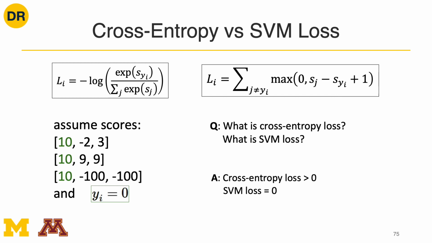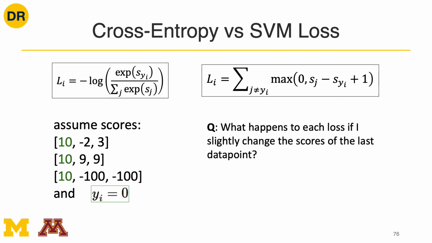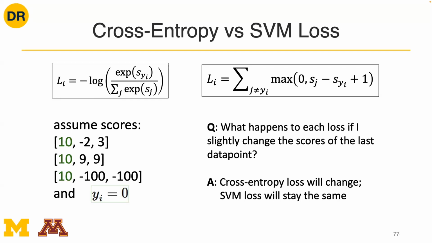Another question we could ask is, what happens to each loss if you were to slightly change the scores of the final data point within these three predictions? In that case, the cross entropy loss is going to change, because the normalization term makes your final loss depend on all the values of your scores.